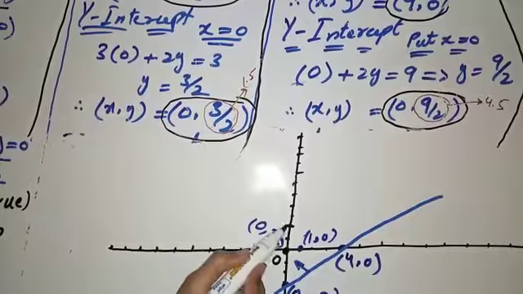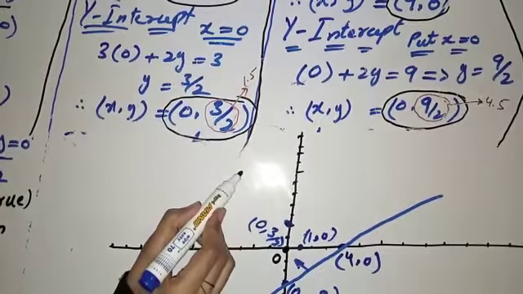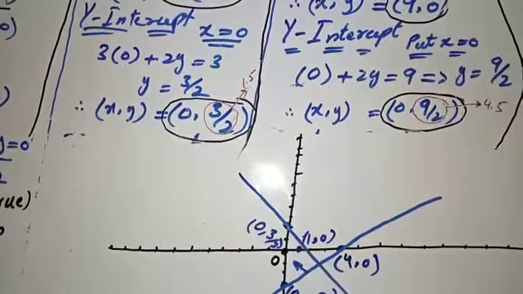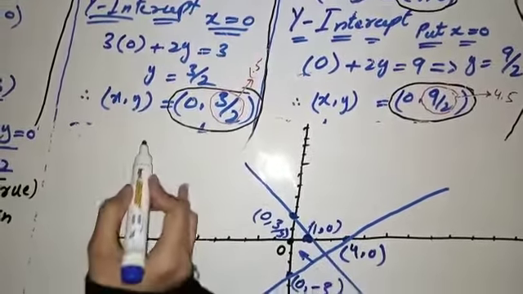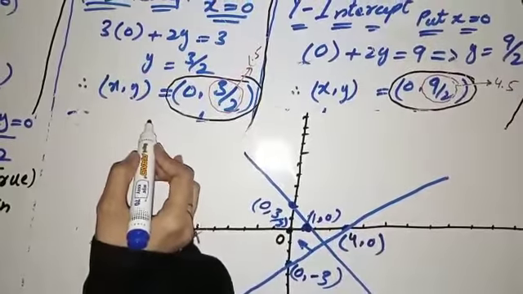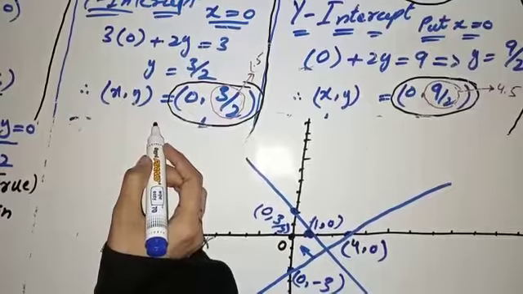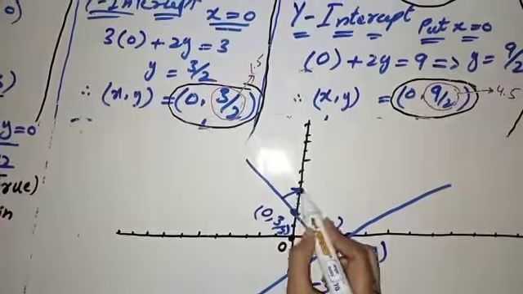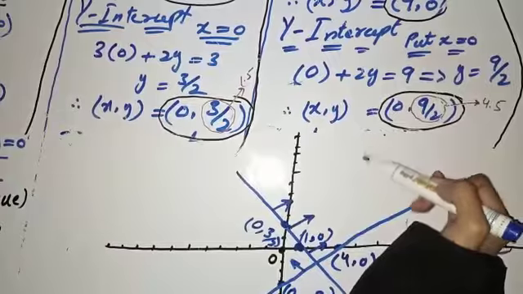Now join these 2 points, this point (0, 3/2), this point (1, 0). In this condition, the inequality is not satisfied, so the graph is away from the origin in this direction. While in the third case, this case is satisfied, it's true, its graph is towards the origin.